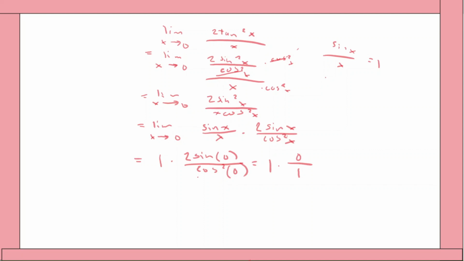The problem is when we have something over 0, that's undefined, and that can't happen. But we can have 0 on top. That's entirely fine. So 1 times 0 over 1 is basically 1 times 0, and 1 times 0 is just 0. So hilariously, this whole problem is just equal to 0.